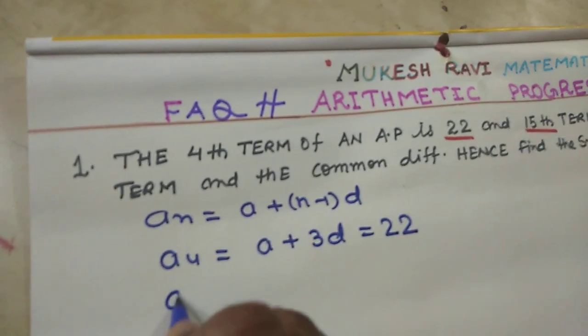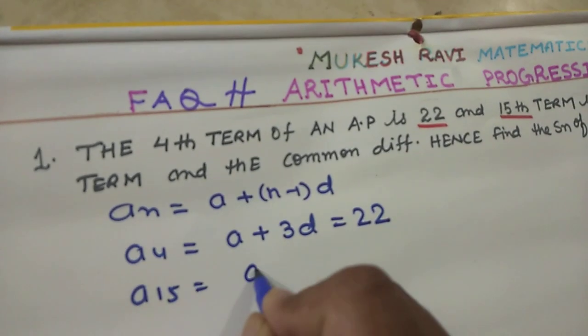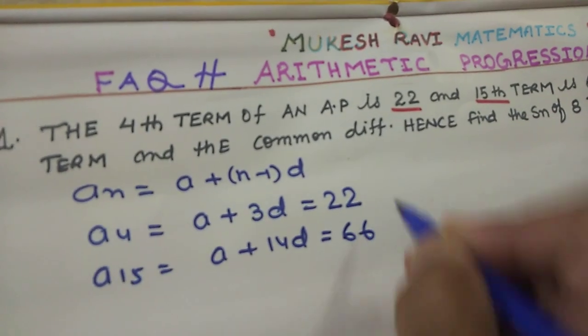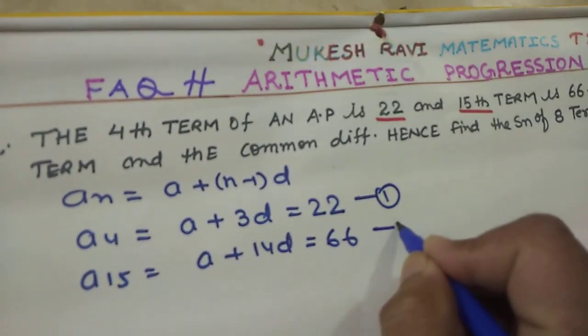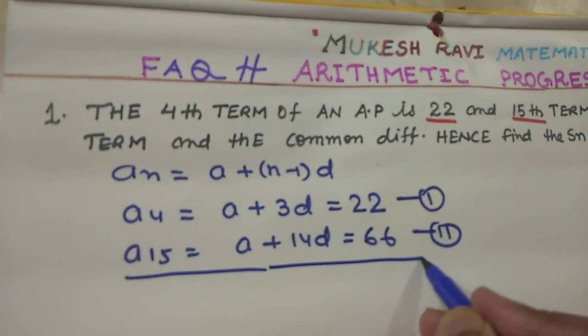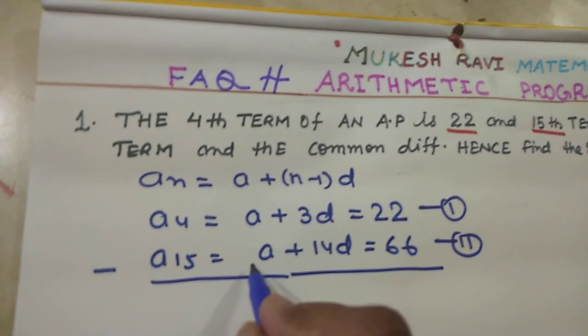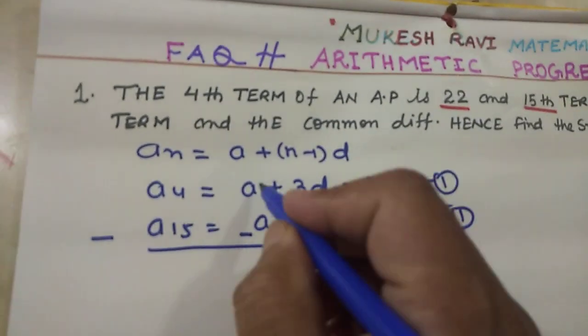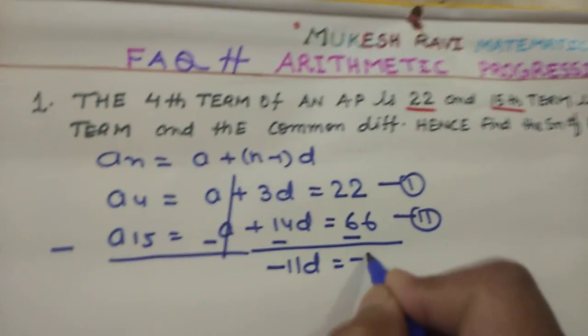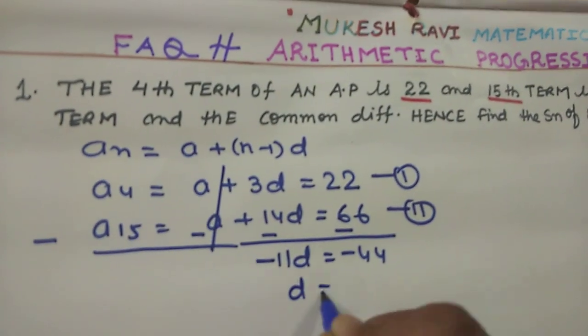Then a15, a plus 14d, is equal to 66. This is equation 1, this is equation 2. Now very simply, subtract and eliminate a. Minus 11d is equal to minus 44, so d equals 4.